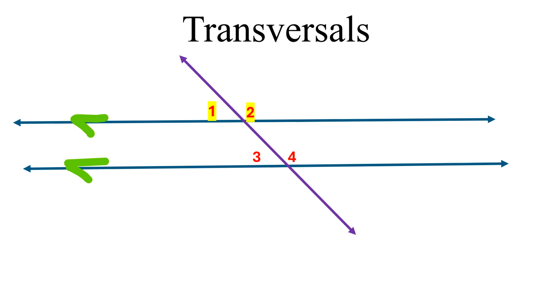Okay, transversals cut a line in half, and transversals are usually going to make lines like these that are parallel. So it's either going to be parallel or perpendicular. Okay, and while we're on the subject, let's review another way your teacher is probably right.